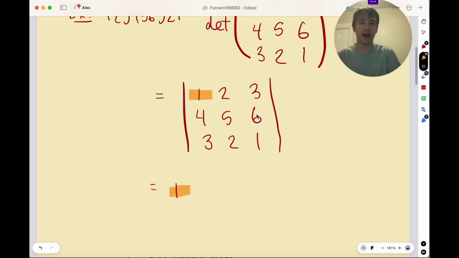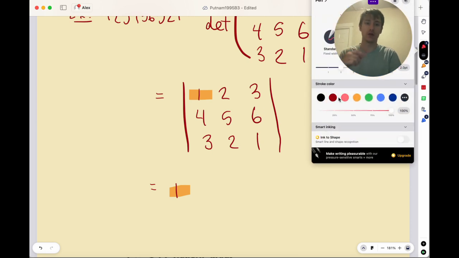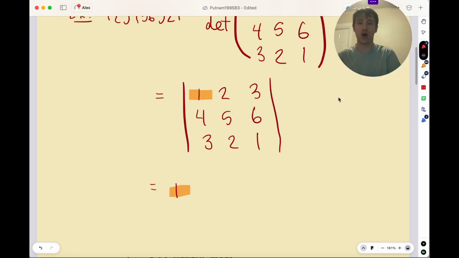And we're going to multiply that by the determinant of the 2 by 2 matrix formed by crossing out this column and this row. So we're going to be left with this 2 by 2 matrix, and we're going to multiply this times that determinant, so 5, 6, 2, 1.